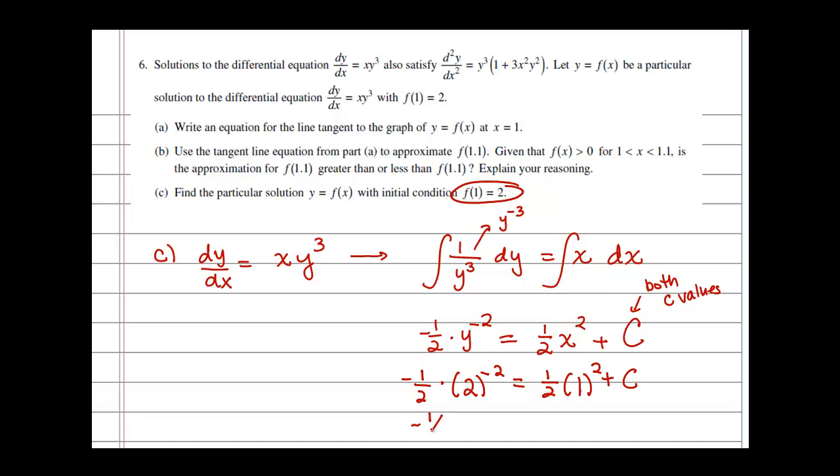So that gives me negative 1/2 times 1/4 equals 1/2 plus c. Then I get negative 1/8 equals 1/2 plus c. So therefore, C is equal to negative 5/8.